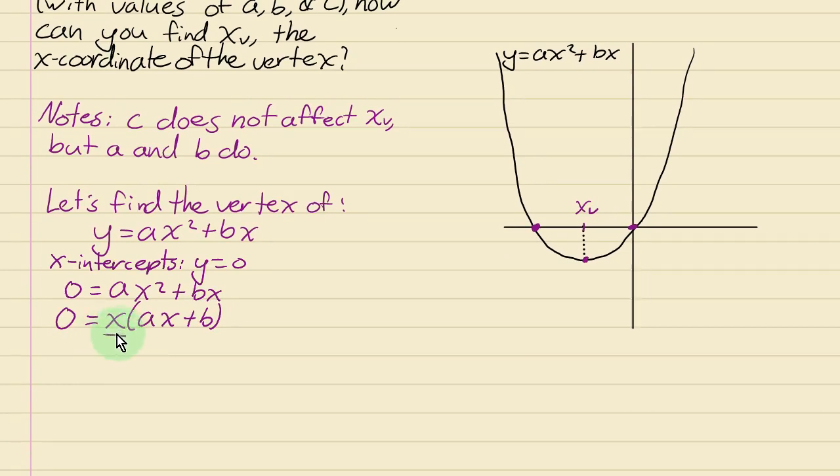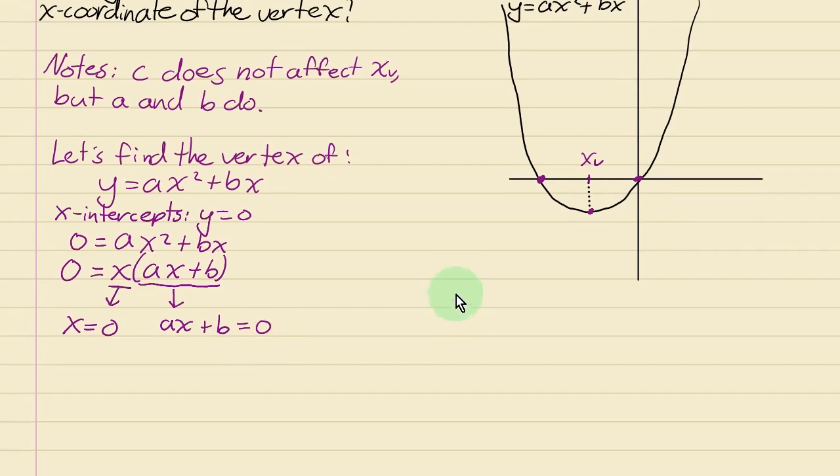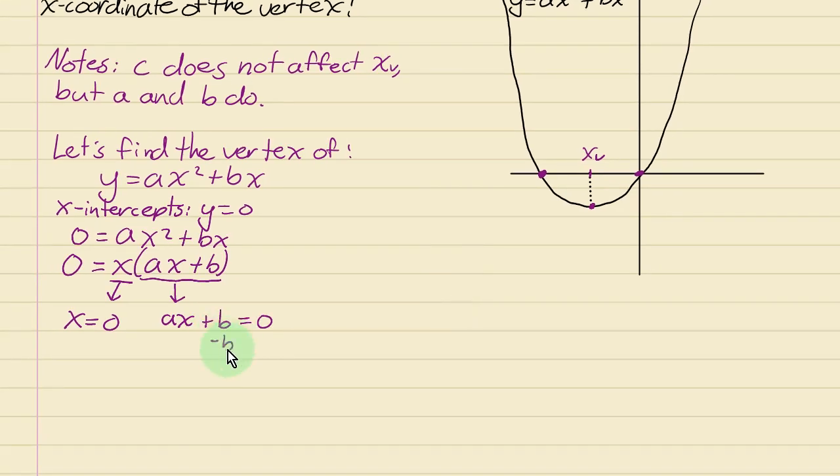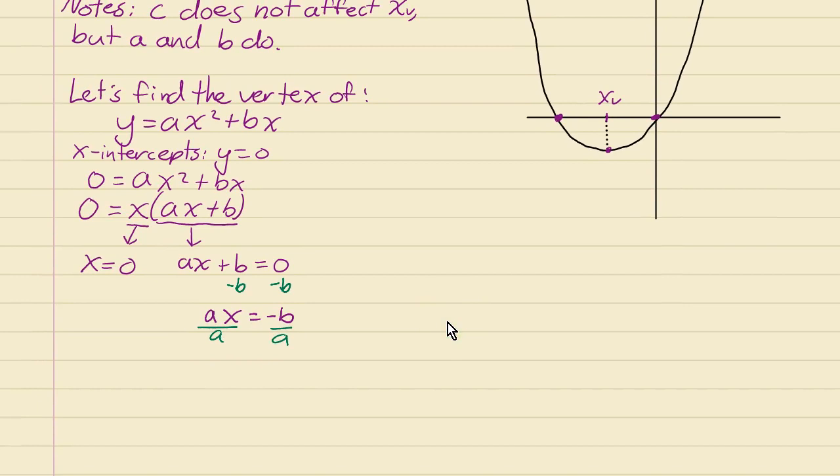This factor here is going to be 0 when x is 0. This one here, if you set ax plus b to be 0, you can subtract b from both sides. Ax equals negative b, and then you can divide both sides by a, which gives you just x equals negative b over a.